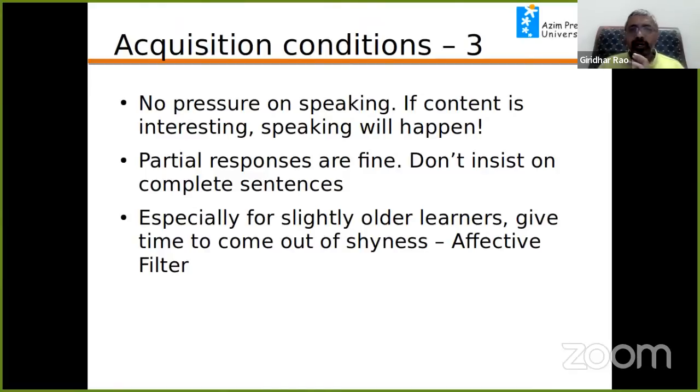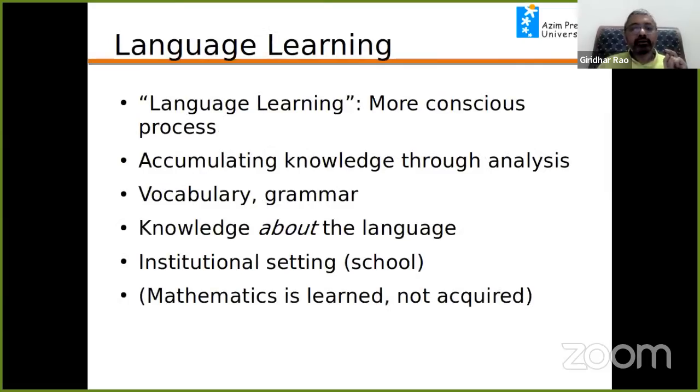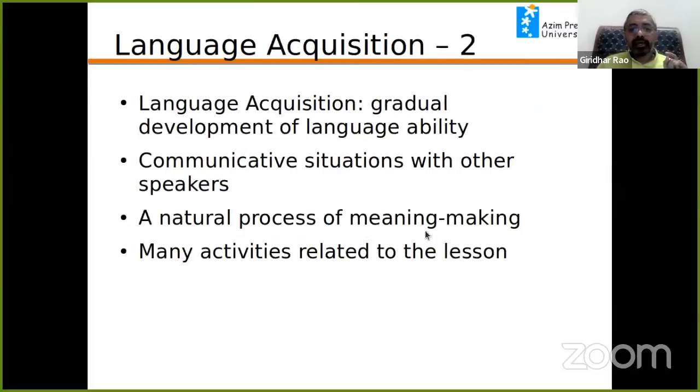So if a one word answer is possible and the child is comfortable with that one word answer, that too is part of language acquisition, because meaning has been made. That is the crucial condition we started with, right? That these are meaning making activities, a natural process of meaning making, we called it in an earlier slide.